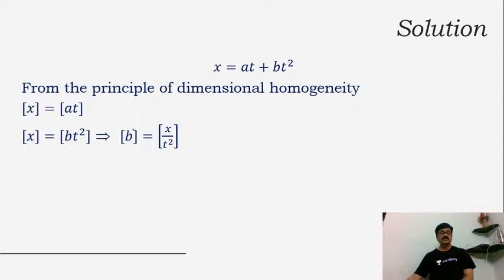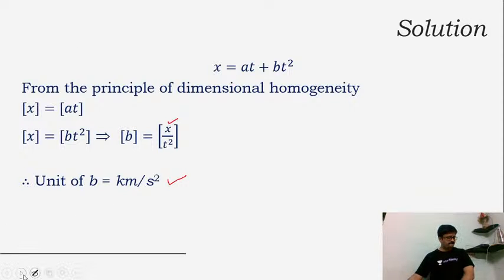So therefore, b is equal to x/t². Is it not? And over here, x is displacement and t² is square of time. So definitely I can write the unit of b as kilometer per second square. Okay. So kilometer per second square is the required answer here. I hope it is clear.